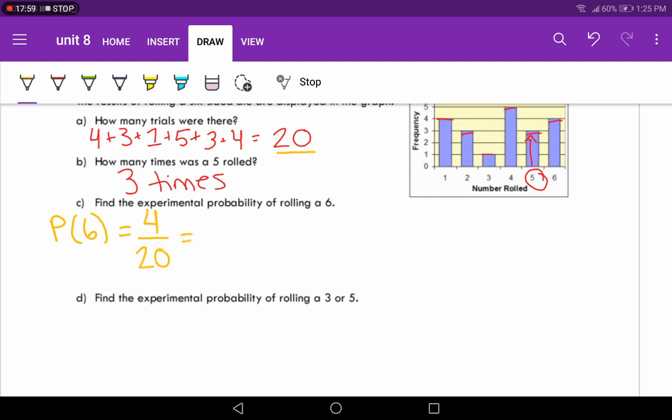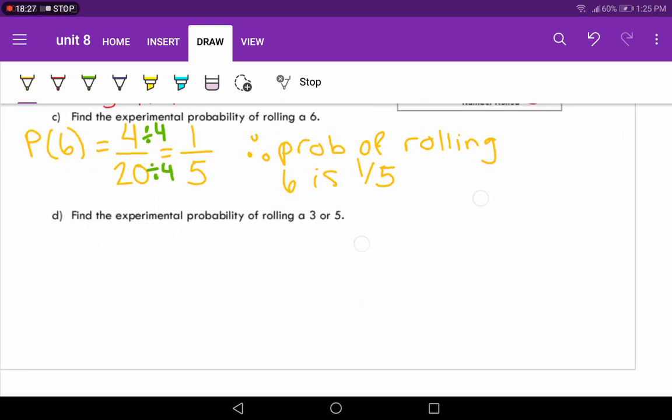If we divide those by 4, we will put it into lowest terms, which is 1/5. Okay, so again, therefore, probability of rolling a 6 is 1/5.